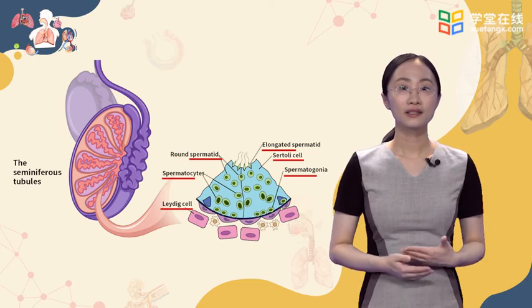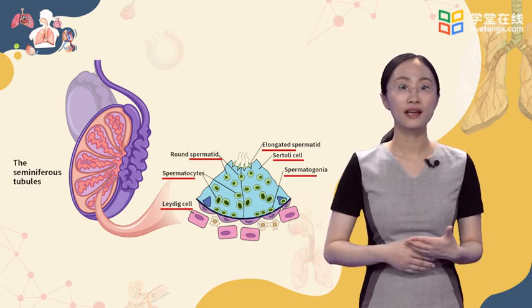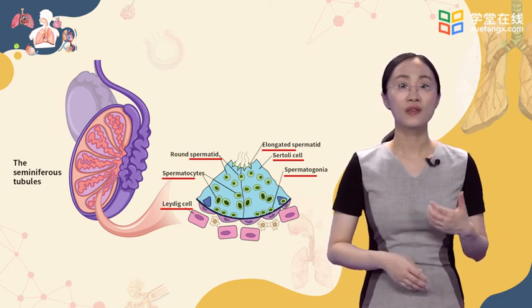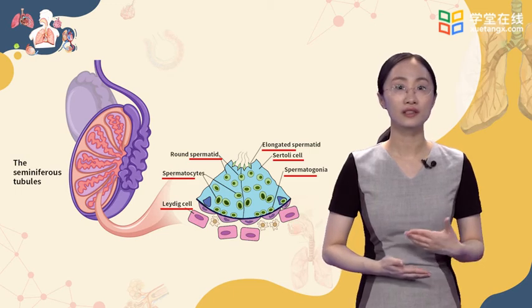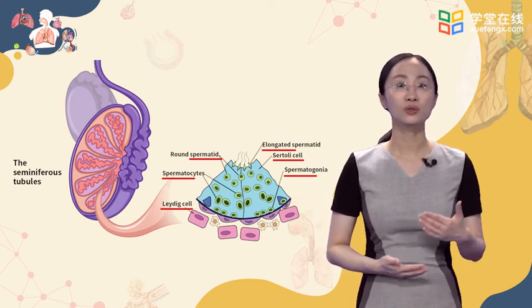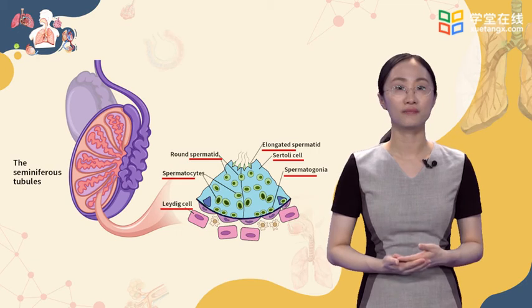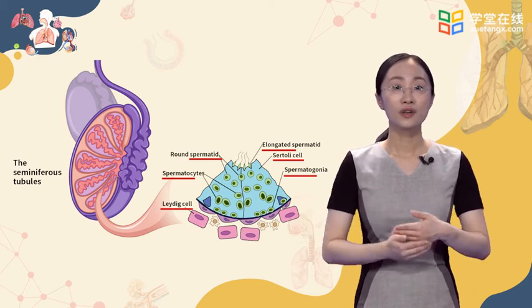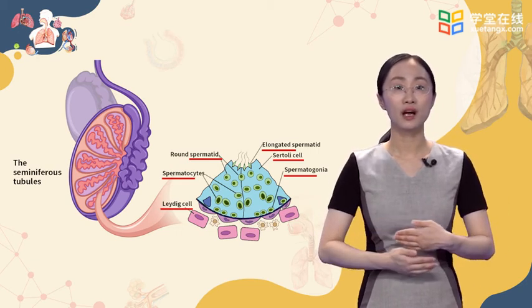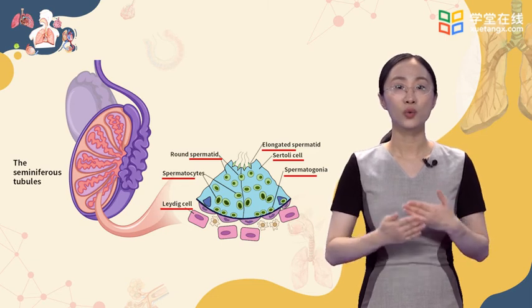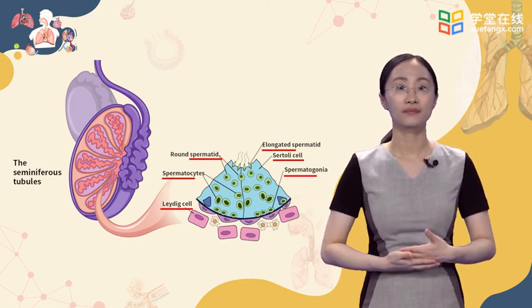Similarly, Leydig cells produce increasing levels of testosterone that sends a negative feedback signal to the pituitary to lower LH production. Working together, the production of sperm is up to 120 million per day.